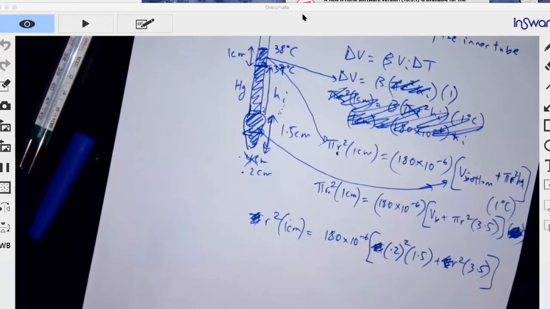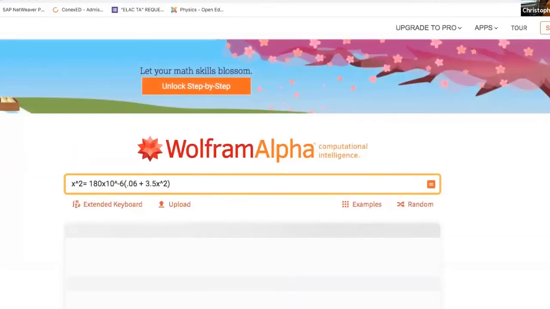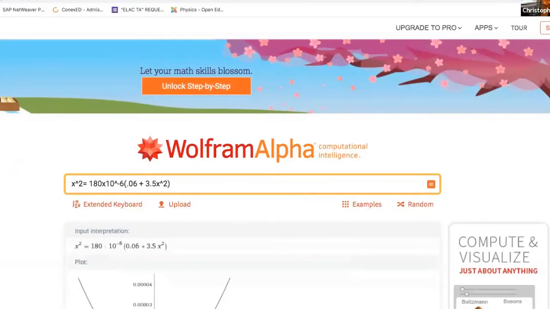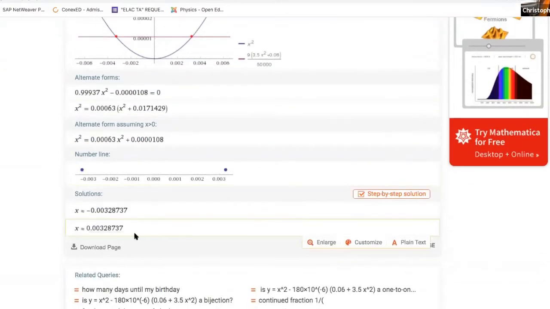Okay, you know. And then I kind of look at these things as this is real life. Everything we're using, you know. Okay, so now the inner diameter is 0.00328.